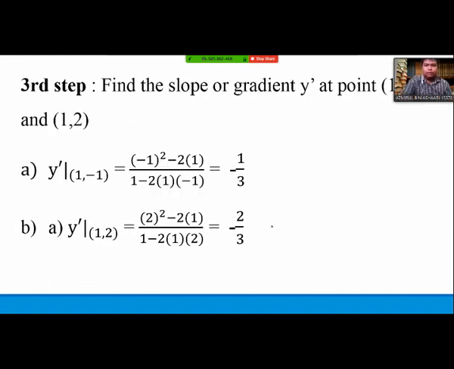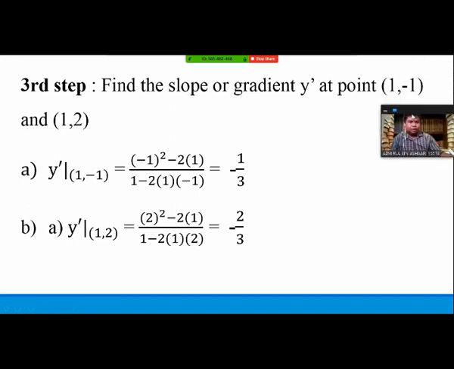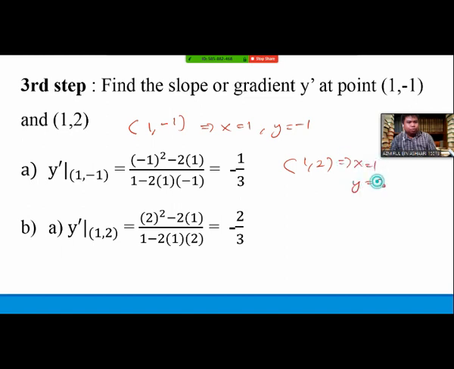The next one, after you get the differentiation, you just substitute the value, which is x equal to 1, y equal to negative 1, and the other is x equal to 1, y equal to 2. Okay.